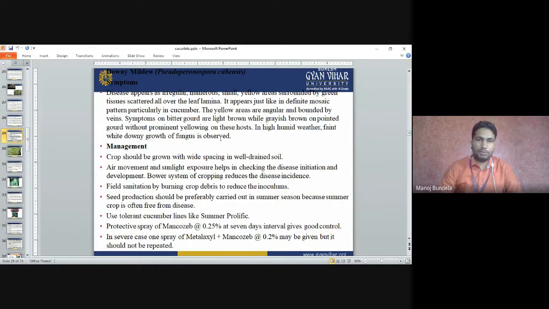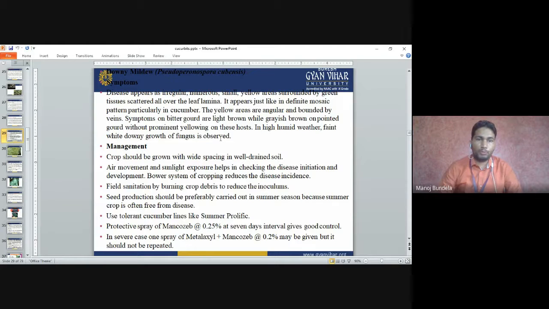The symptoms on bitter gourd are slightly brown, while they are grayish-brown on pointed gourd. So the same disease, downy mildew, develops in bitter gourd and pointed gourd also, but the symptoms are somewhat different. In high humid weather, a faint white downy growth of fungus is observed.